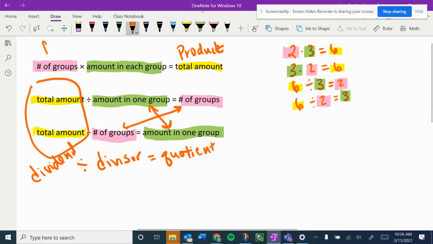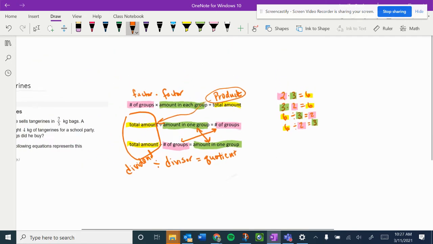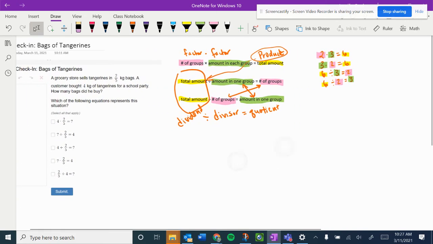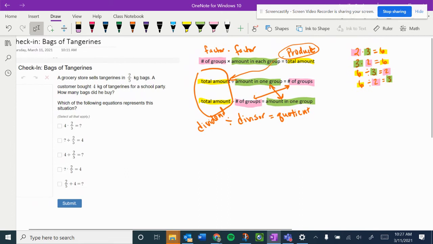And in case you forgot, these are called factors. So the product has to become the dividend, and the factors become the divisor and the quotient, depending on which one is more helpful for you. Okay, so let's use that to help us think about the tangerines problem.